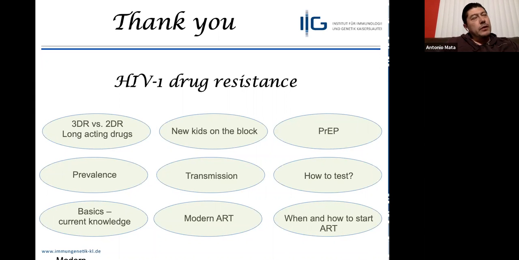Because when we talk about PIs, we can argue about erratic pharmacokinetics or the GAG mutations, but what is happening with Triumeq or Biktarvy when we have a biological failure and we can't see resistance mutations in the resistance testing?